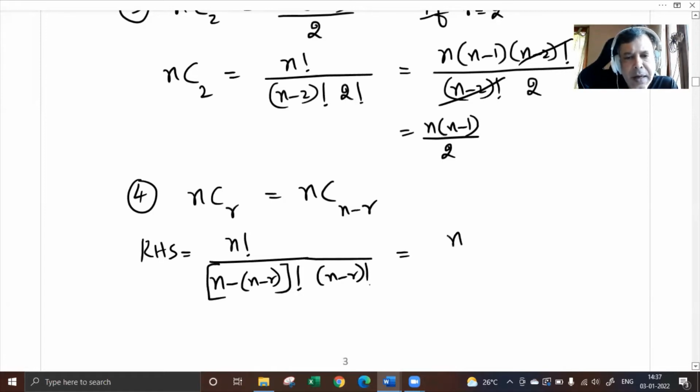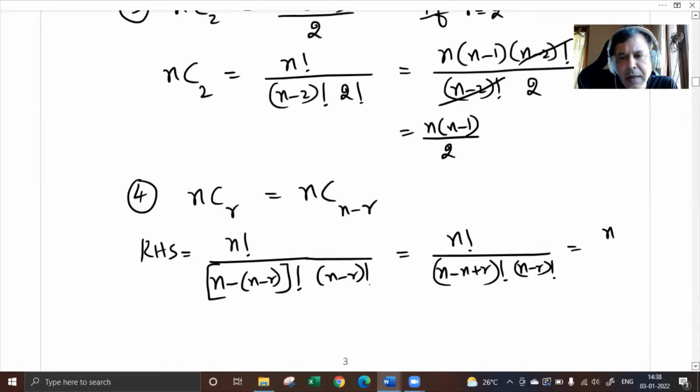That can be written as n factorial divided by, if I take the negative sign inside the brackets, we get (n minus n plus r) factorial into (n minus r) factorial. That is nothing but n factorial divided by, n and n get cancelled, we get r factorial into (n minus r) factorial, which is nothing but nCr, and that is our LHS.